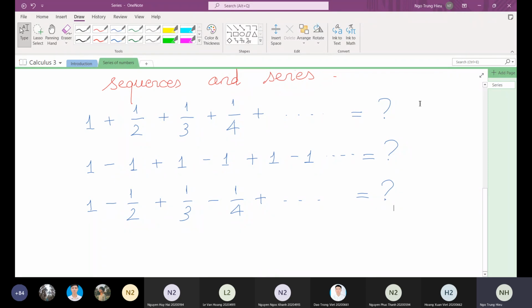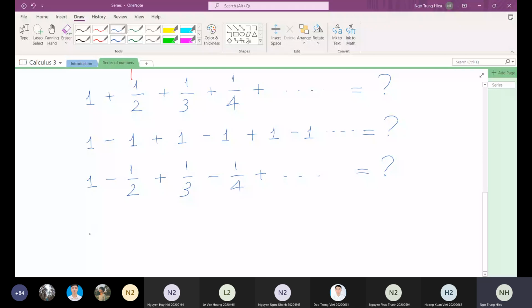And we will encounter many very, very beautiful identities, such as this identity, 1 plus 1 over 2 square plus 1 over 3 square plus 1 over 4 square and so on.